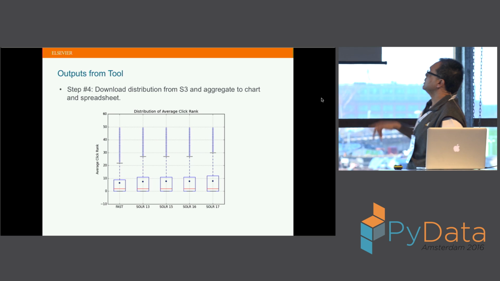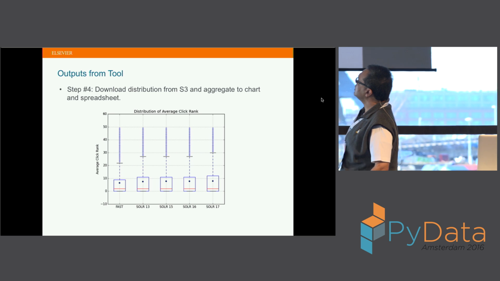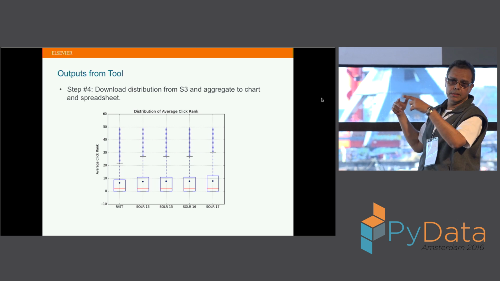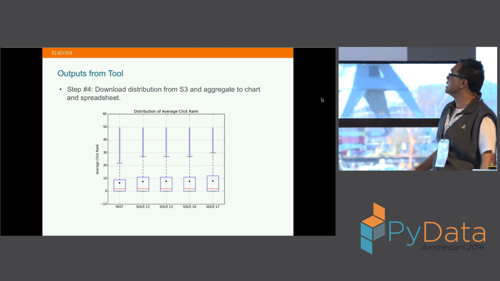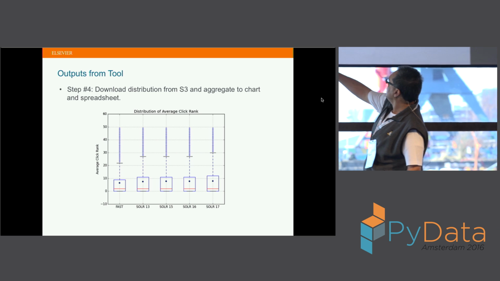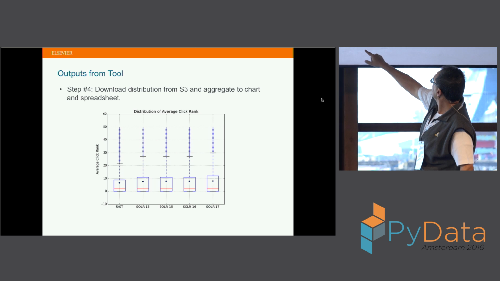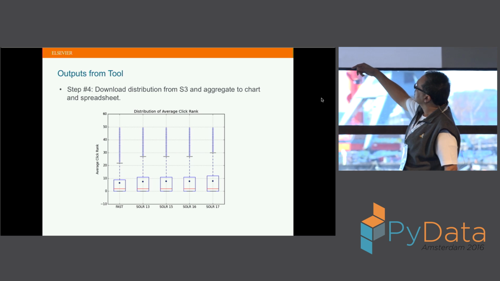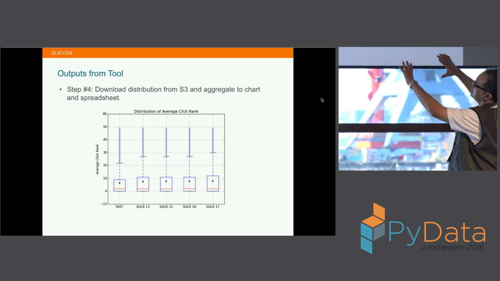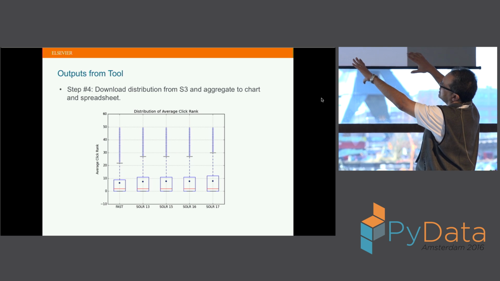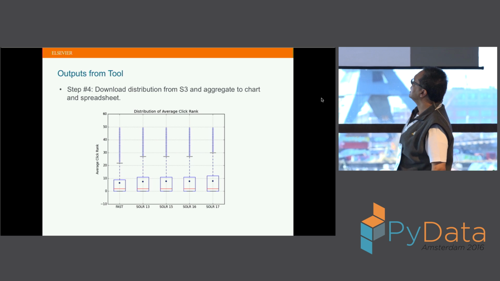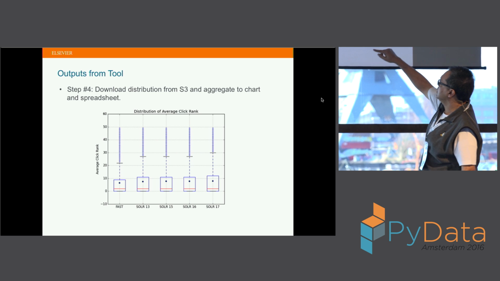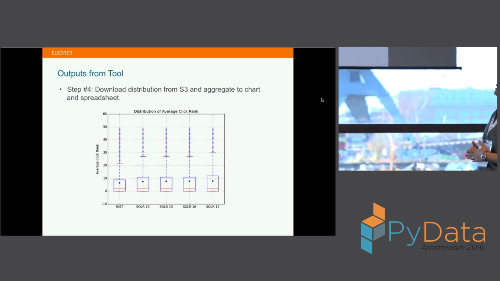One of the things we did, this is a result of multiple runs for different engines. This is my reference set, and then 1, 2, 3, 4 runs. You put the click rank distributions side by side in the form of box plots. The red line is the median, the dots are the averages.